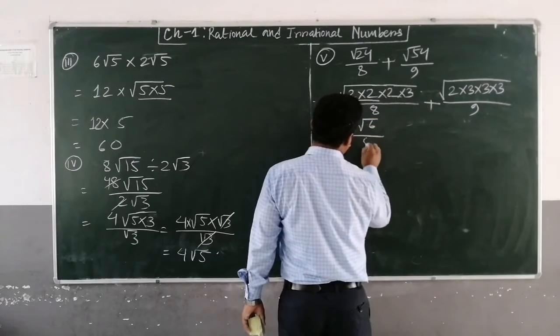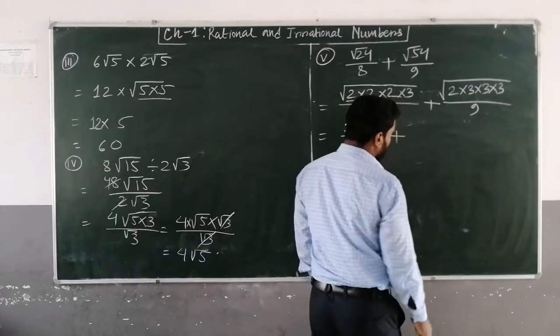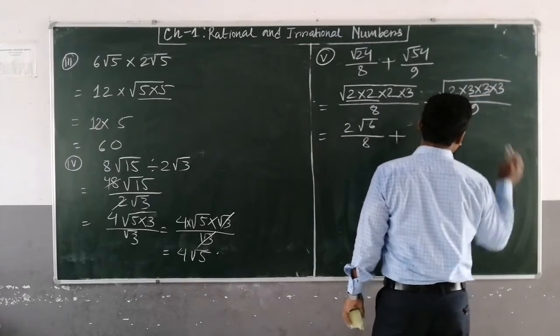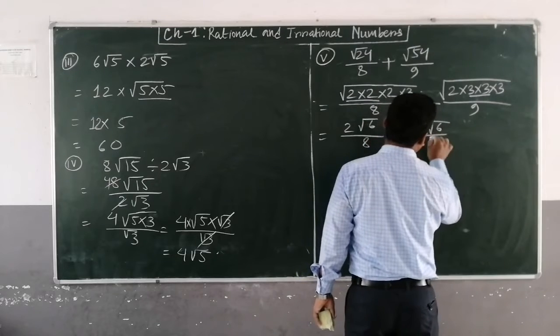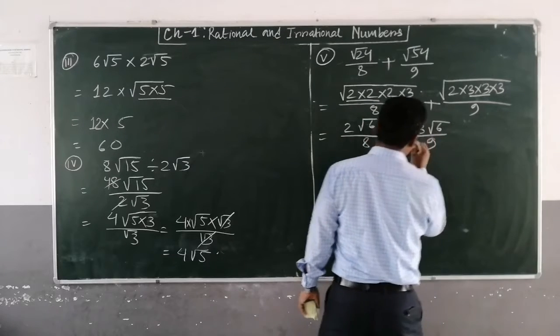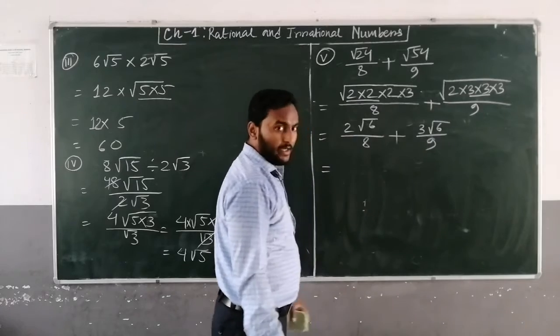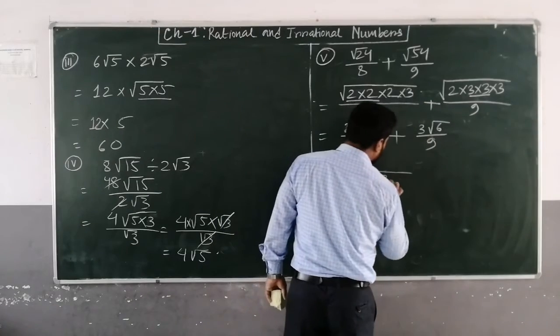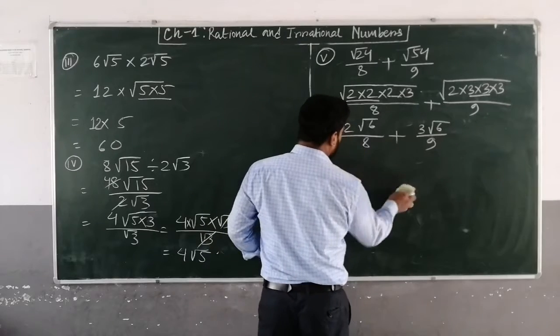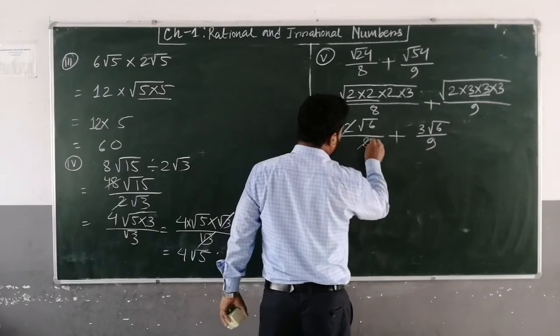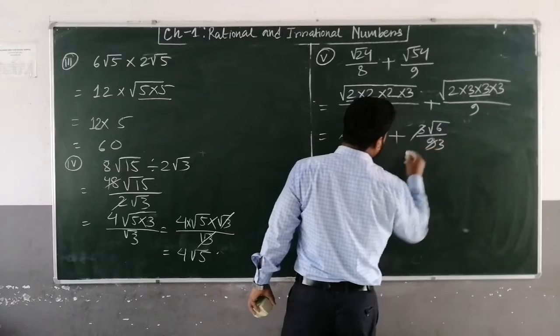So 2 root 6 upon 8 plus, for this 3 will come outside and here will be 6. So this is 3 root 6 upon 9. Okay, LCM will be 72. Or before that you can cancel this one. By 2 this is 4 and by 3 this is 3.